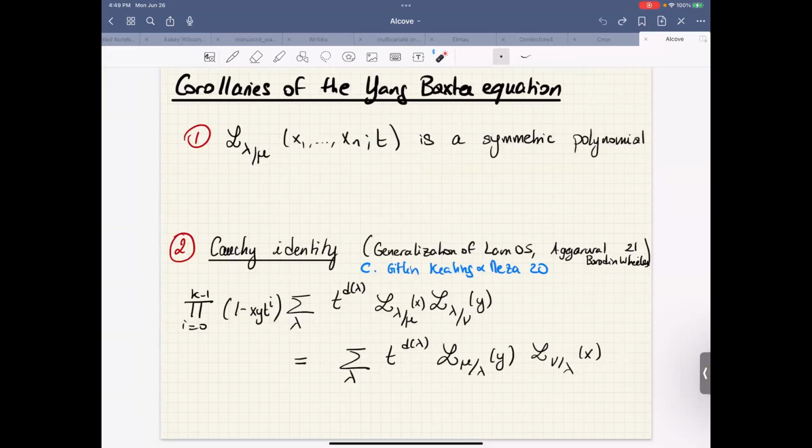But again, you can do the same things as what we had done for the Schur polynomial. Because we have that Yang-Baxter equation, you get for free that this q LLT polynomial is a symmetric polynomial, and for free also that you have a Cauchy identity.